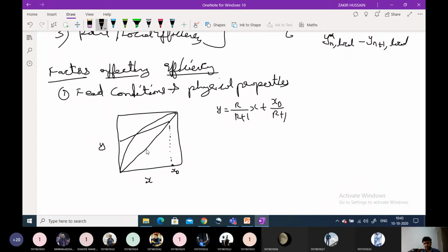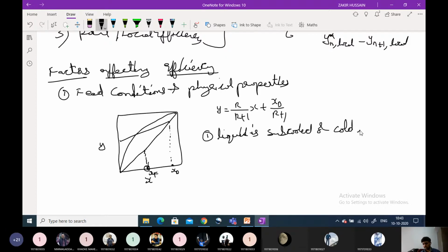Then for the feed xf, we have to locate the mole fraction of the more volatile component in the feed, which is xf, on the x-axis. Then we project this up to the diagonal. Then depending on our feed conditions, five types of feed conditions are there. One is liquid that is subcooled, or what we call cold liquid.